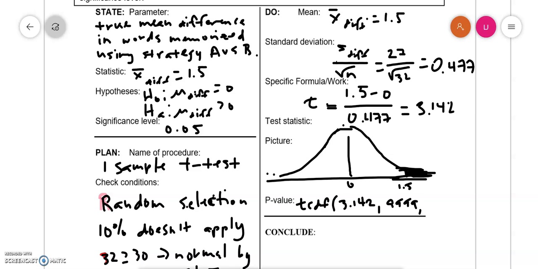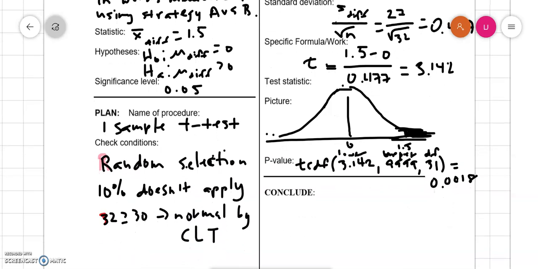And our degrees of freedom for this case is 31. And remember to label lower, upper, degrees of freedom. And what does this equal? 0.0008. There we go. Sorry, 0.0018. Misread my handwriting.